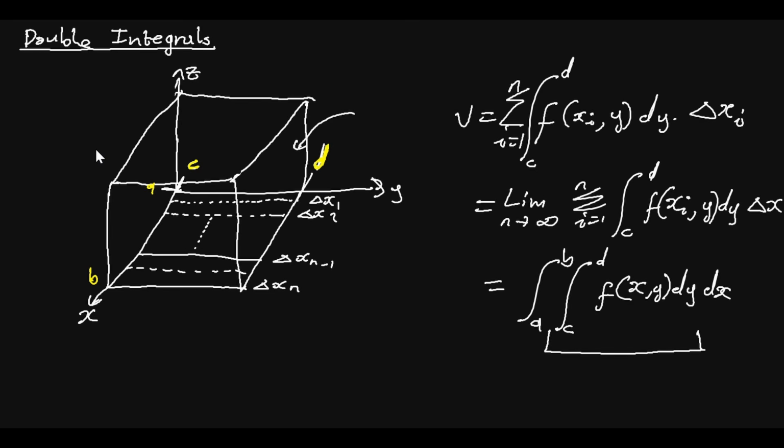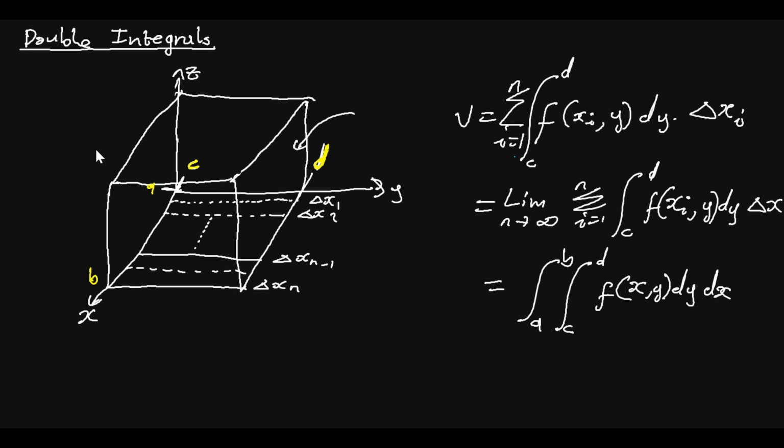Once we finish, we perform integration again with respect to x, and then we apply the limits of the x variable. Then this gives us the volume. So this is what Fubini's theorem tells us.